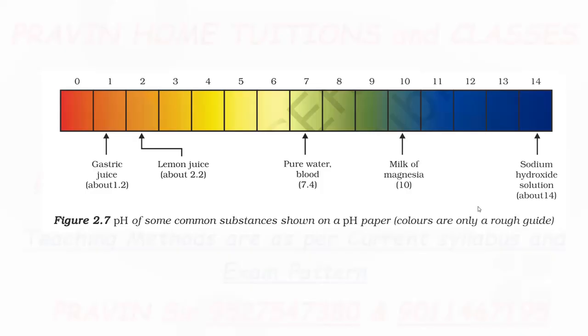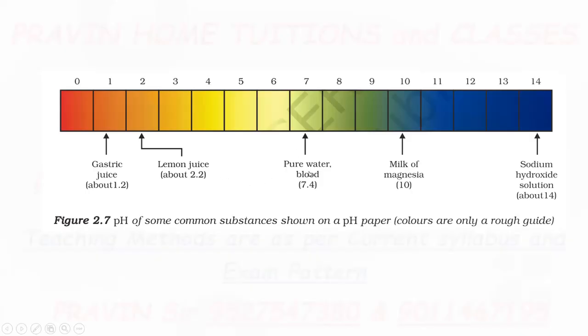Now, the pH of some common substances is shown on pH paper. Here the colors are a rough guide. This is called pH paper. On pH paper, 0, 1, 2, 3, 4, 5, 6, 7, 8, 9, 10, 11, 12, 13, 14, the 0 to 14 pH scale is written. Gastric juice pH value is 1.2. Lemon juice pH value is 2.2.